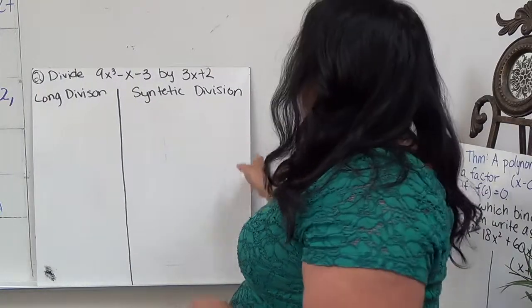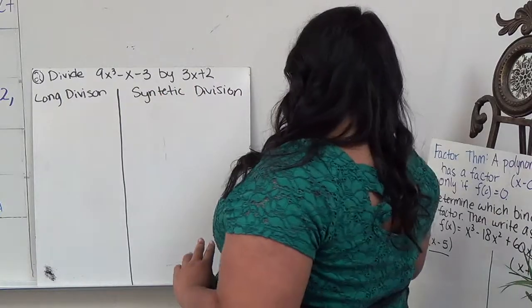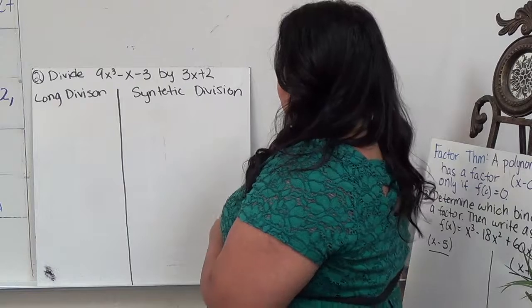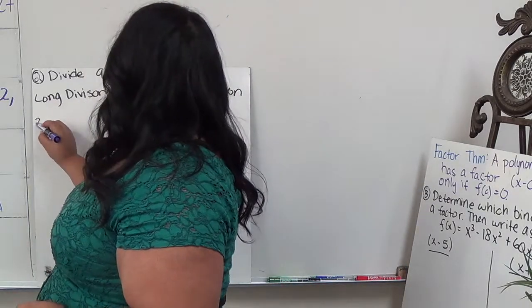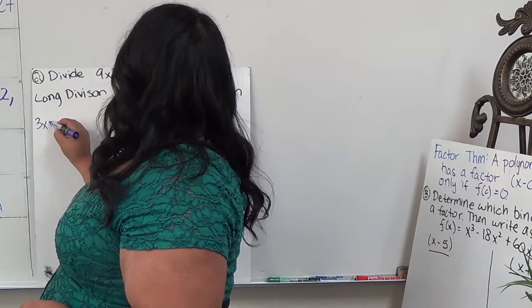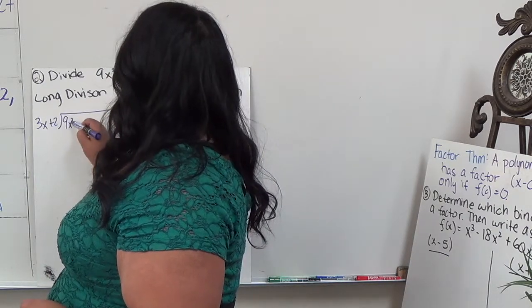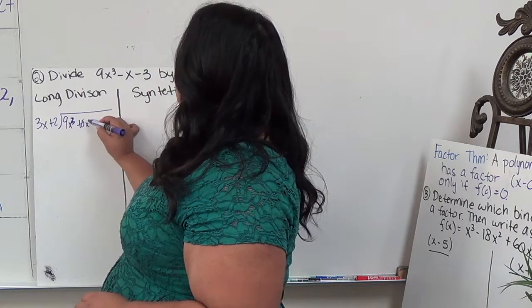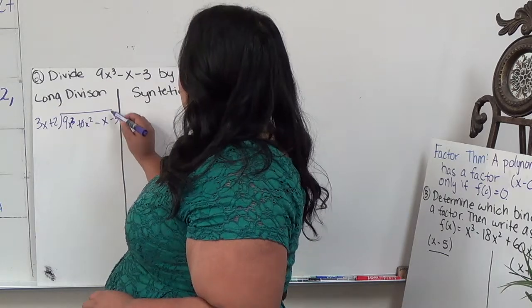So number 2 says divide this by this. Now, our options are, I can do long division, which is 3x plus 2 dividing into 9x cubed. I'm missing a squared, so plus 0x squared minus x minus 3.